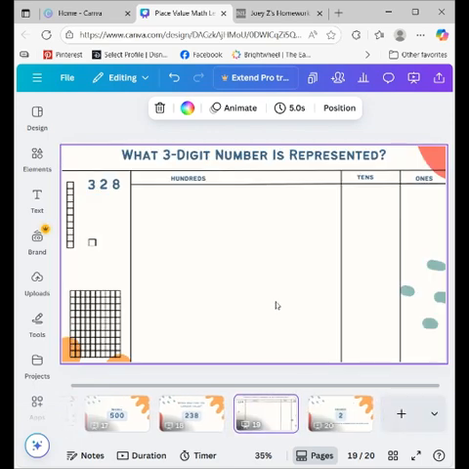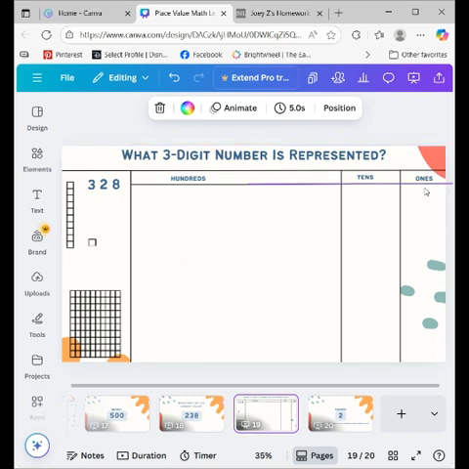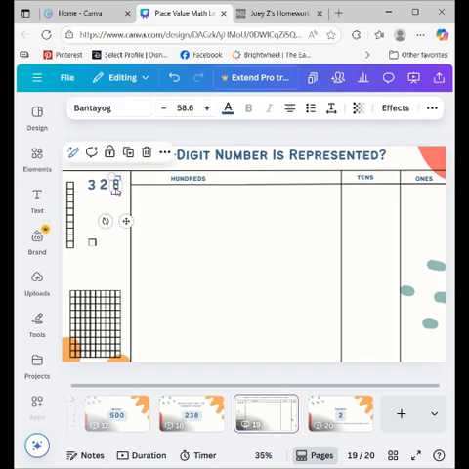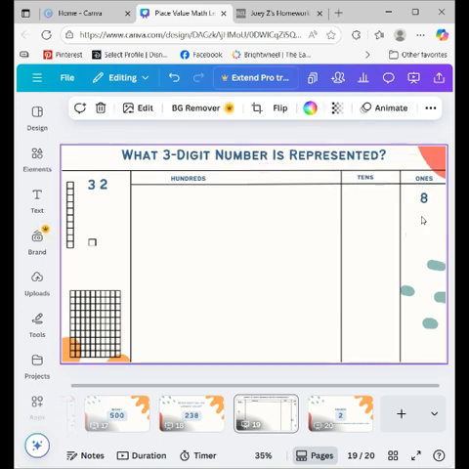So let's put our numbers out. So which one did we see first? Yes, we saw the 8 first. All the way on the right in the ones place. Then in the tens place was which one? Yes, 3.